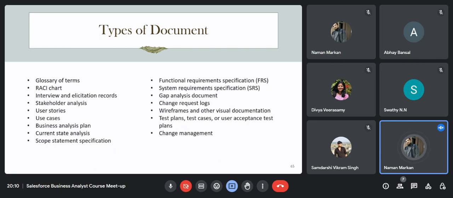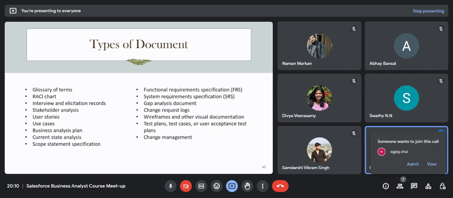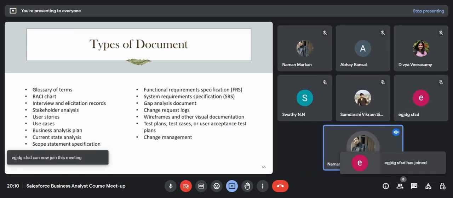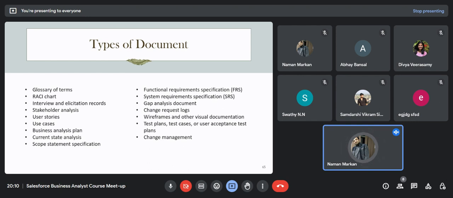Starting from initiation until the project goes live, each and every document is ensured and managed by the business analyst, or by the project manager or product manager involved in this.